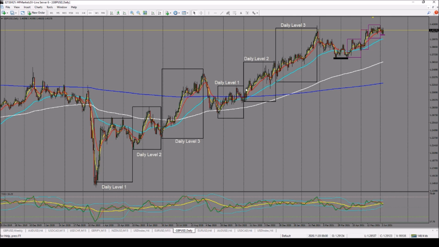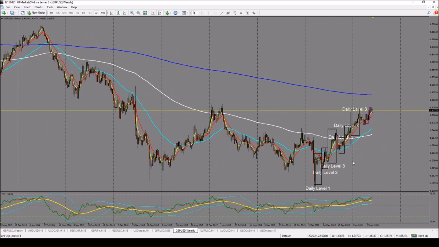As you can see, the first, the second, and the third. Then a reset was issued. So we are now expecting to see another level of this form. This is how it looks on the weekly time frame. As you can see, this is the first weekly level, the second weekly level, and we are expecting to see the third weekly level. Therefore, the pound against dollar may rise up to this zone when we have the 3 daily levels complete.